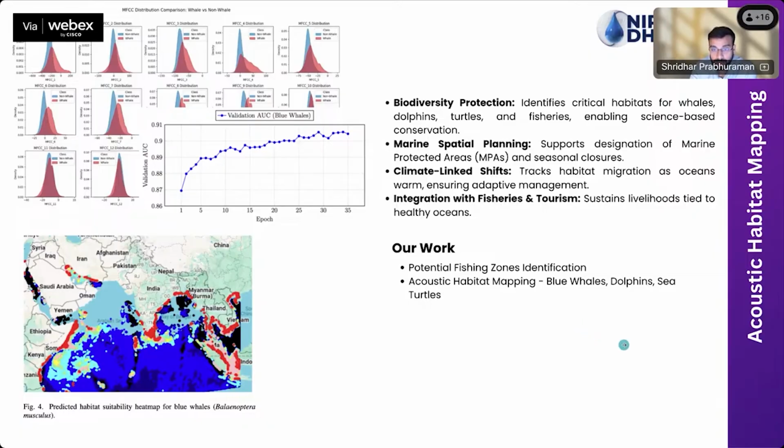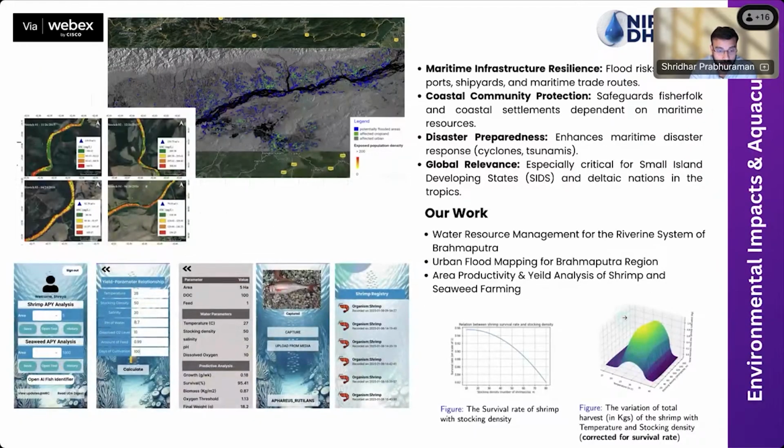We are looking at other aspects such as what are the different fishing zones, what are the different fisheries, identifying those and creating models that can help us identify the migratory patterns and establish the regions of those particular turtles. It's not just about estimating that at one instant, but creating a tool that will help us identify the migratory patterns and the localization of such species based upon their characteristics.